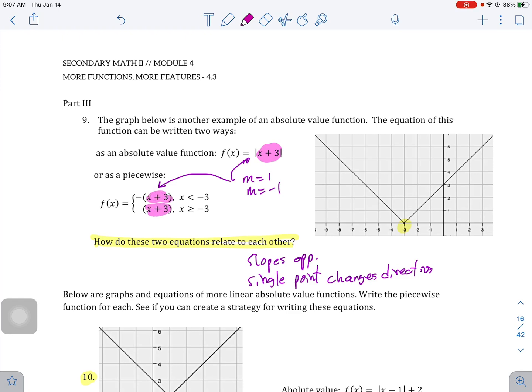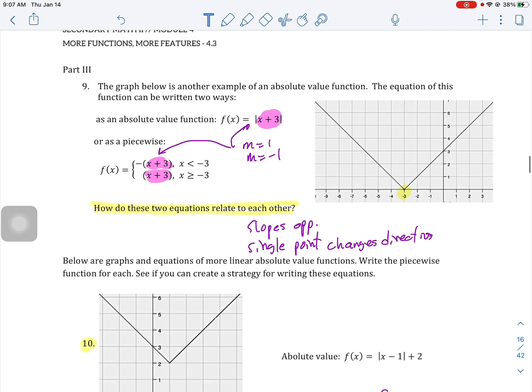Same thing here, same thing here. So really, when you're doing these absolute value functions, you're doing piecewise functions to write a subfunction for each part of it. All right, and then let's go to here.